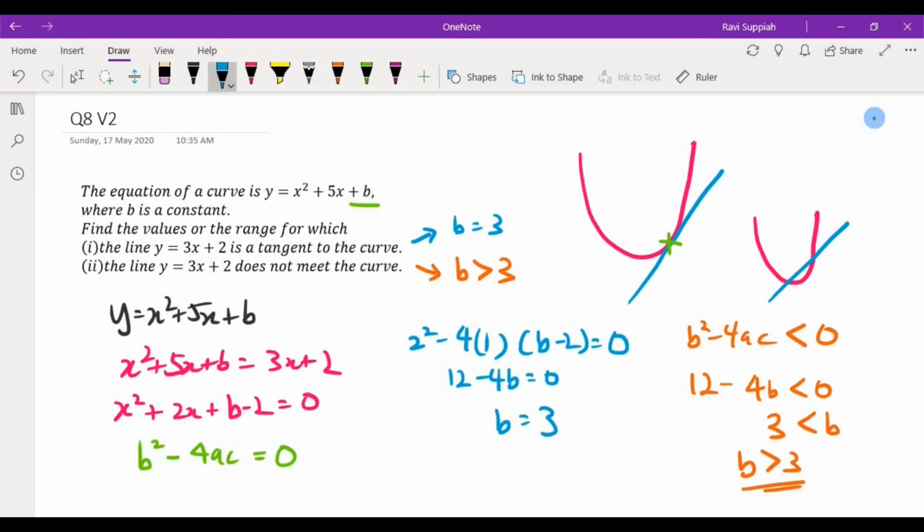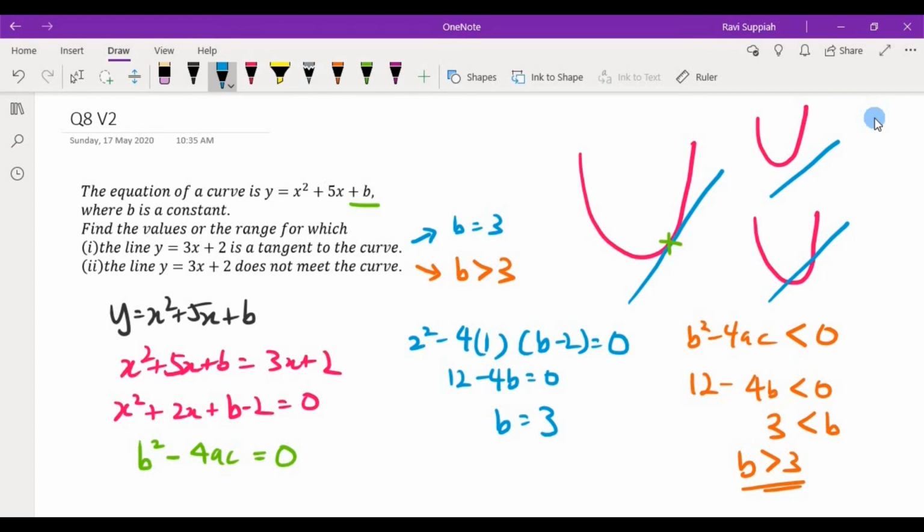But if the curve moves upwards, with the line having the same equation, the curve and the line would drift further away from each other, correct? So intuitively we can see that when the curve moves upwards, that is when the curve and the line will not meet anymore.